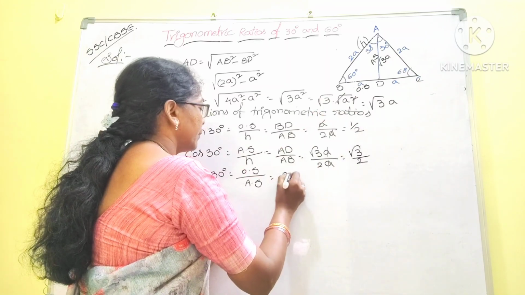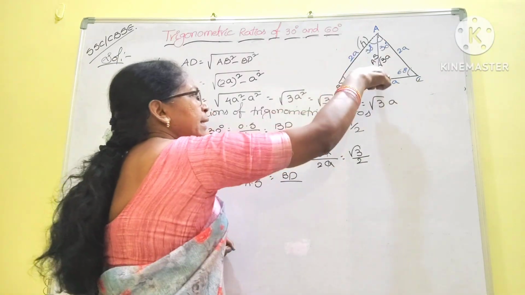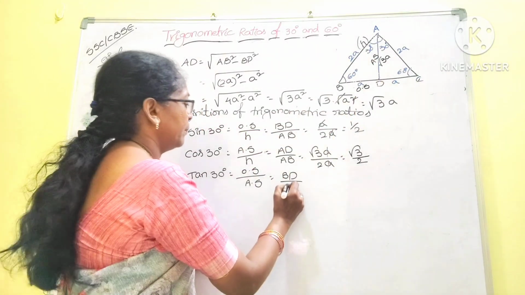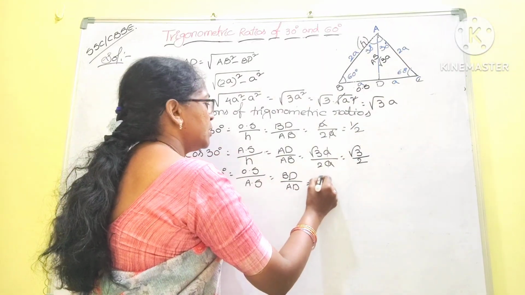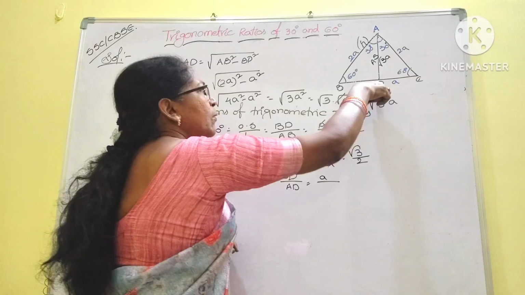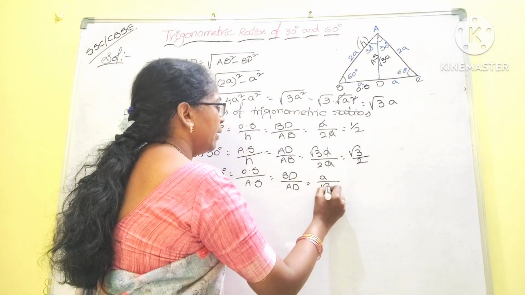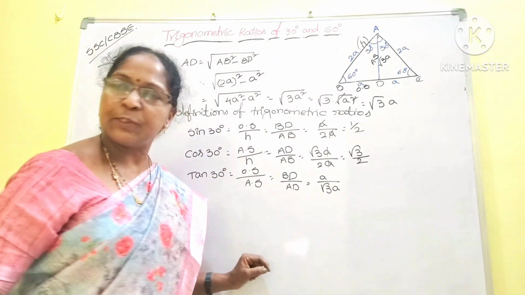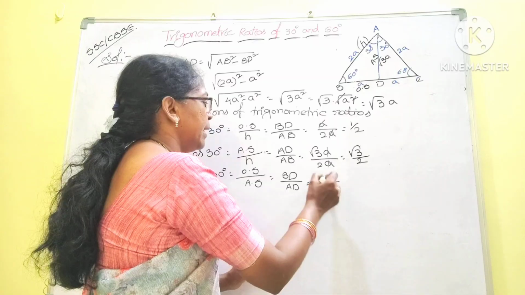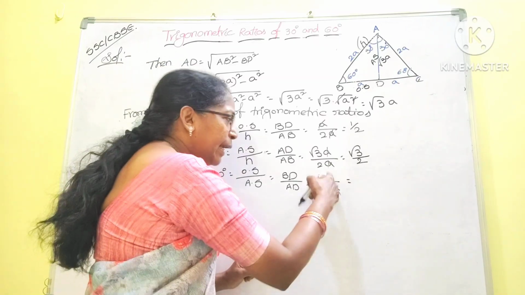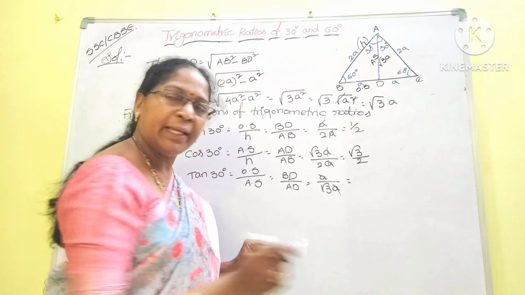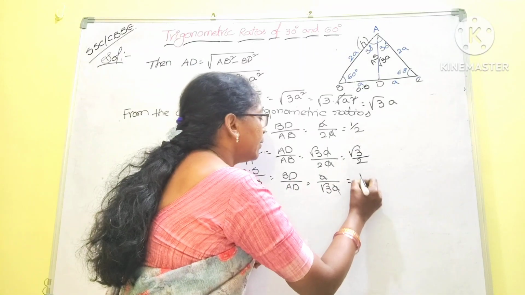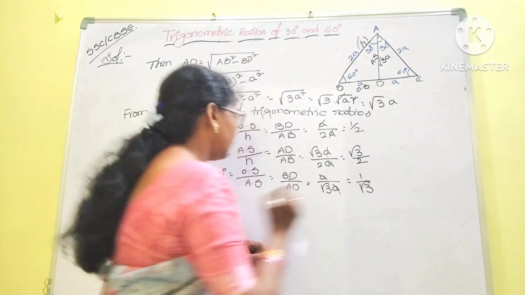BD, by the adjacent side AD, where BD equals A and AD equals root 3 A. Just substitute the values. Next, cancellation: A and A will be cancelled. Where any other number is not there, the meaning is 1. A by A is nothing but 1. So directly you can write 1 by root 3.